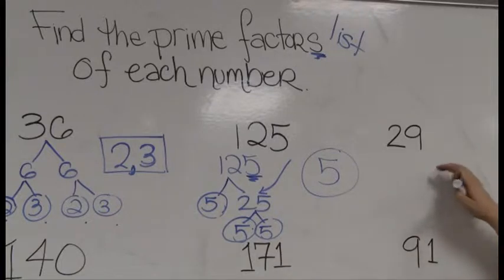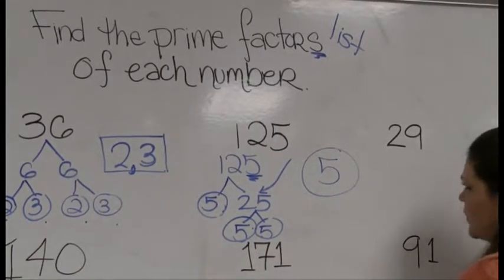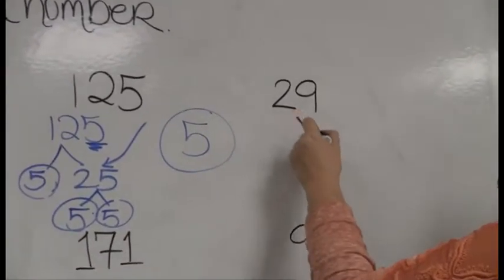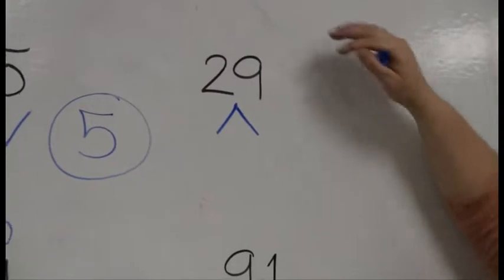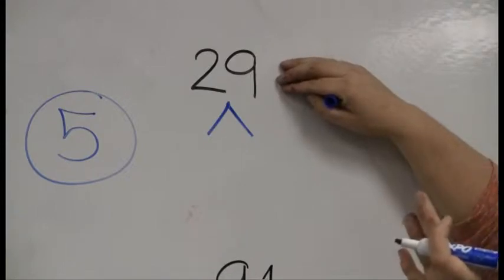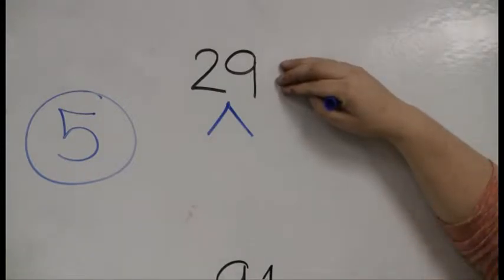Next number I've got here is 29. So, taking a look at 29. Again, I don't know any multiplication facts about 29 off the top of my head. So I'm going to go ahead and look for factors using the same old tricks that I've always done.